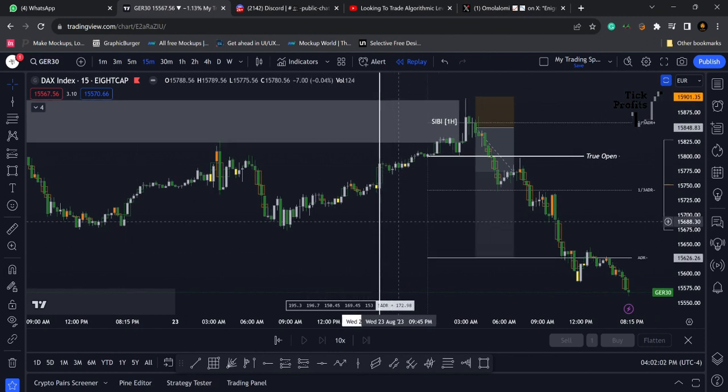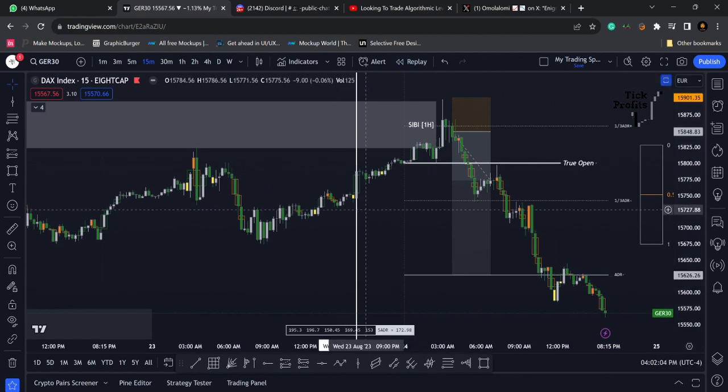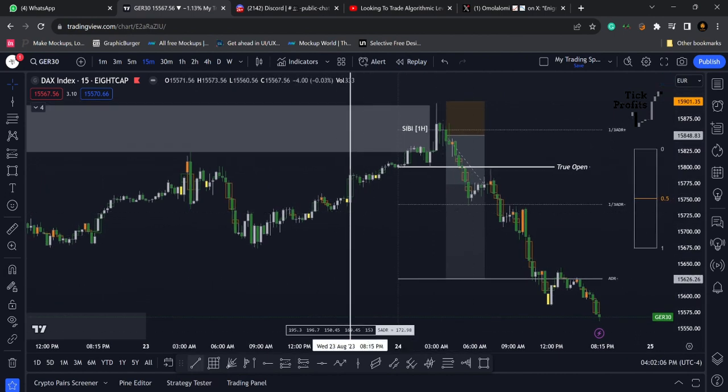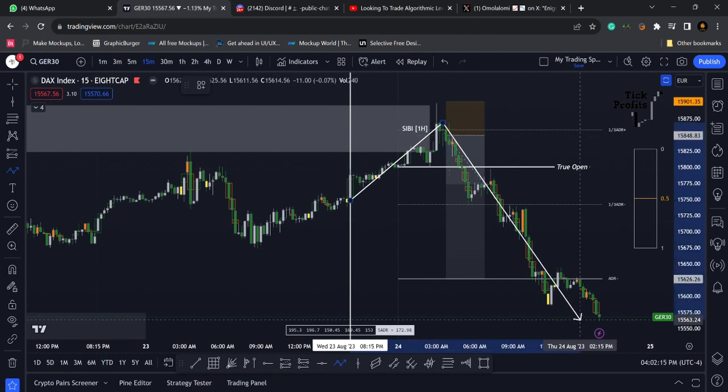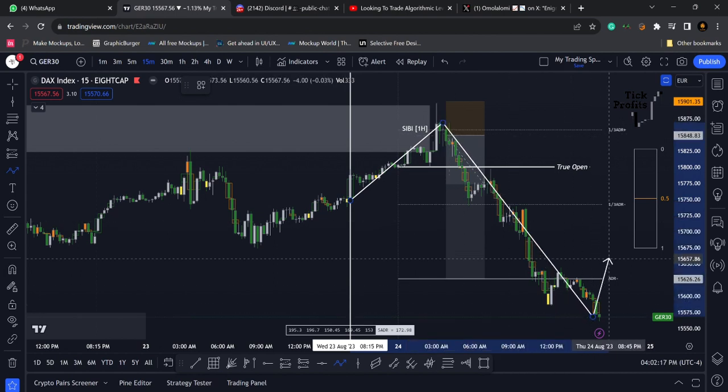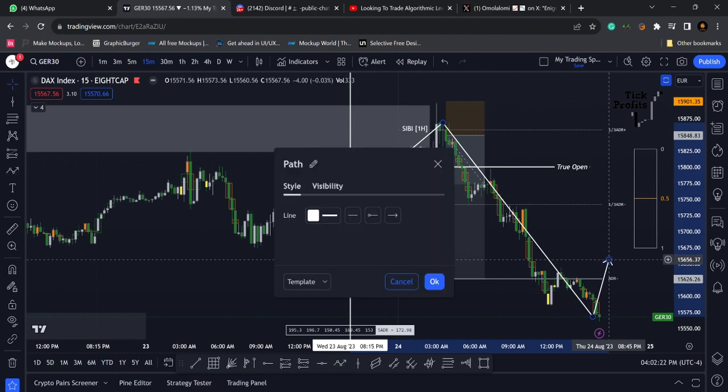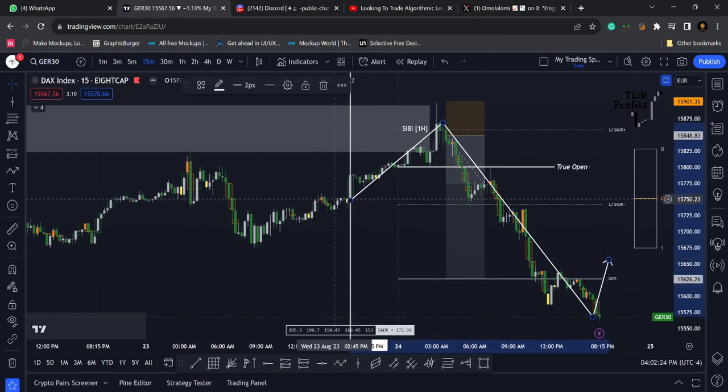So take for instance the daily candles open, high, low, close. When price opened from here, that's 8:15, it made a high, it made a low, and probably it's going to close somewhere around here at the end of the day. So this is the daily candle.